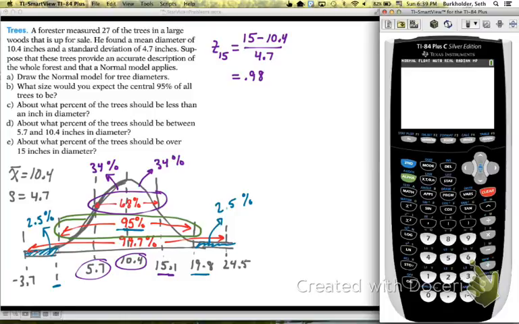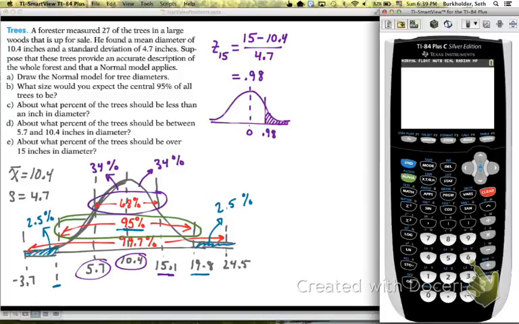Well, our question is, there's our mean, 0 standard deviations from the mean would be the mean. We want to move over here just about 1 standard deviation, about 0.98 standard deviations from the mean. And the question is, what percent of values, or what percent of trees, have a diameter that's more than 0.98 standard deviations from the mean? So we're looking for that shaded region.